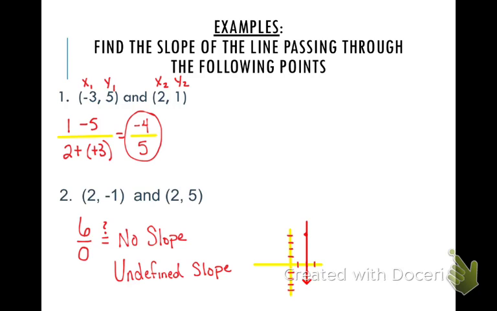What did we just talk about yesterday? It's undefined. Why is it undefined, though? Is it a function? No, why not? Because what doesn't it pass? Vertical line test, right? You have two points stacked on top of each other. It's a vertical line. A vertical line is not going to be a function. It's going to be x equals 2 because no matter what, it's going to fall down those points.